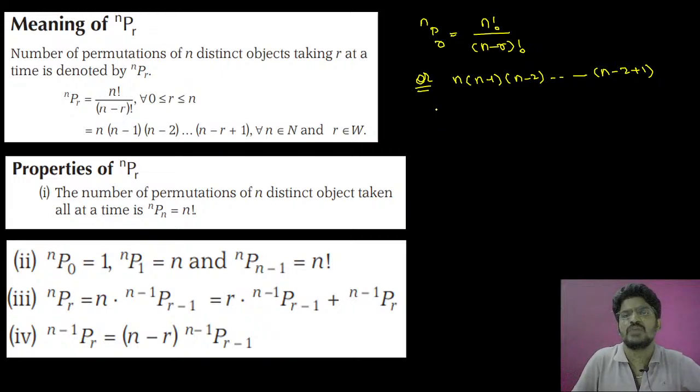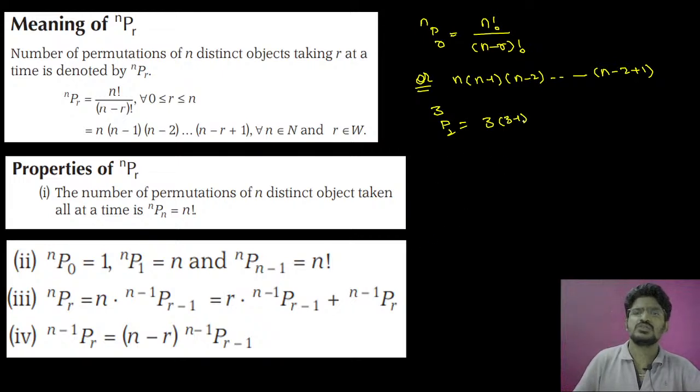Clear? You can see 3P2 is nothing but 3 into 3 minus 1, that is 3 into 2, that is 6, like that.